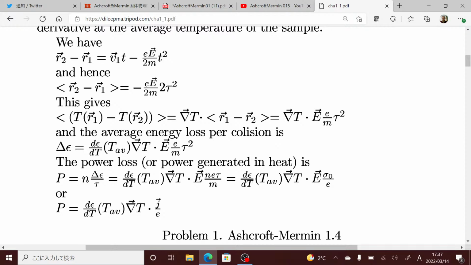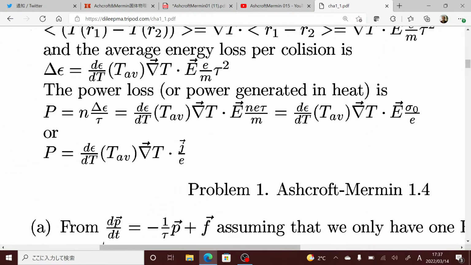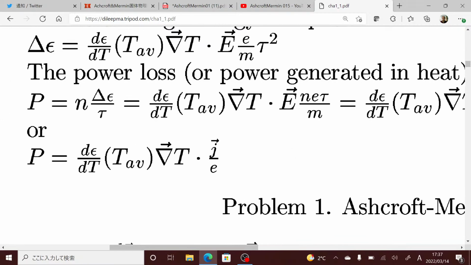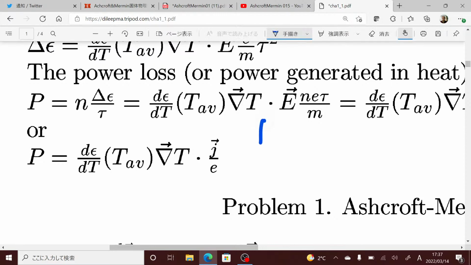Okay, maybe I can explain a little bit. This is like the power. So if you have a sample, for simplicity, we just assume a two-terminal, two-electrode, or two-probe measurement.